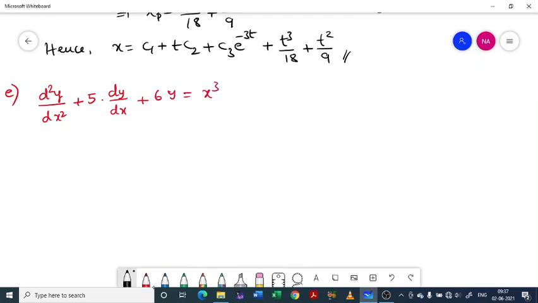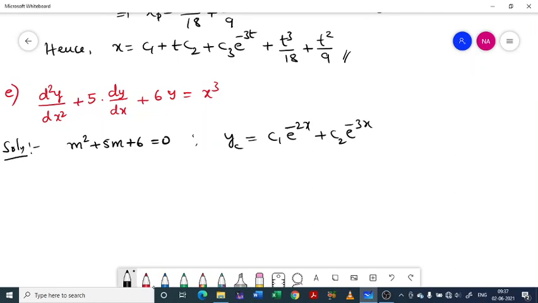Solution. Okay, the auxiliary equation will be m square plus 5m plus 6 equal to 0. So you get a solution to be minus 2 and minus 3. So yc will be c1 e power minus 2x plus c2 e power minus 3x.